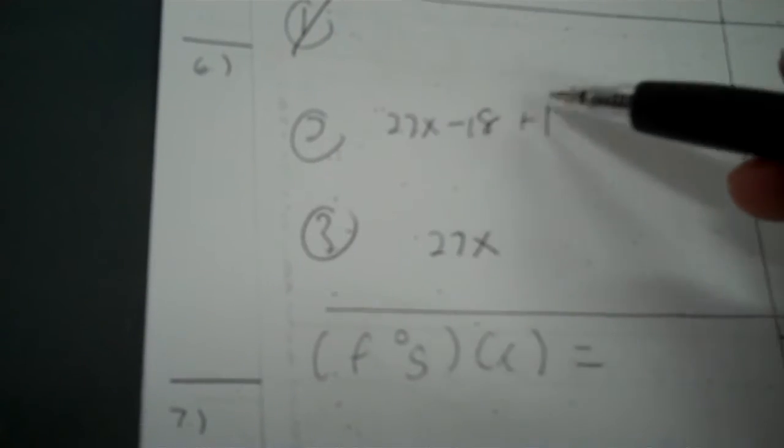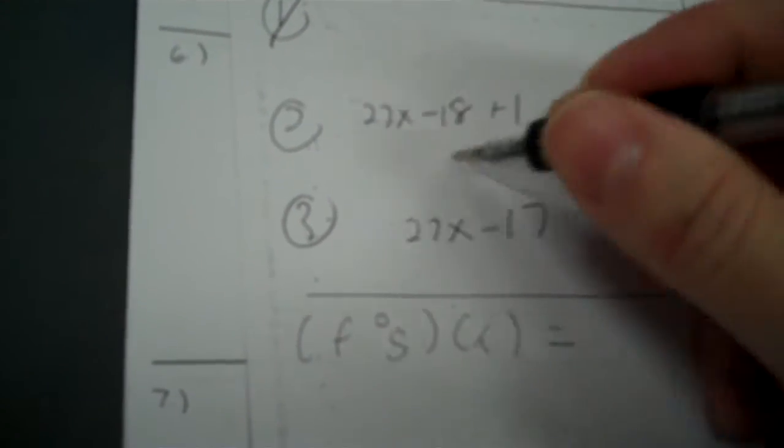You won't have to do step 1, but you will have to do step 2 because you have to distribute the 9, not to the plus 1 though, just those two. So it's 27x minus 18 plus 1. Then we have 27x. Negative 18 plus 1 is going to be negative 17. So just put 27x minus 17. Then I screwed up. I didn't give you a number to put in, so we'll just say that's our answer.